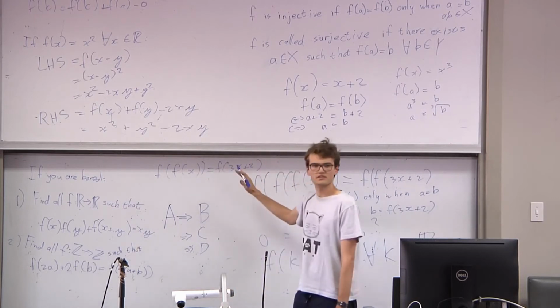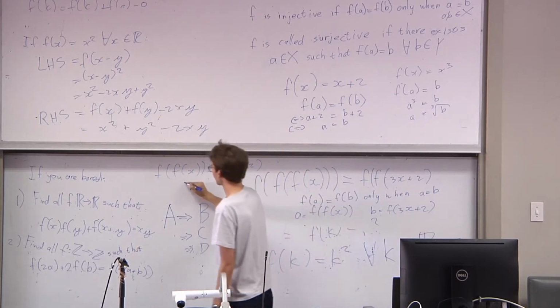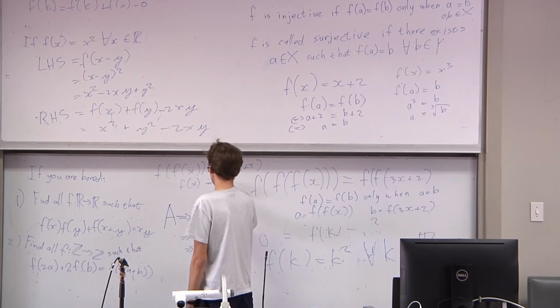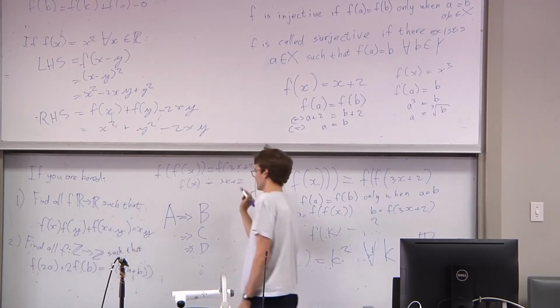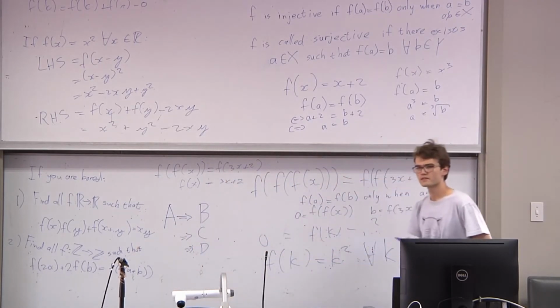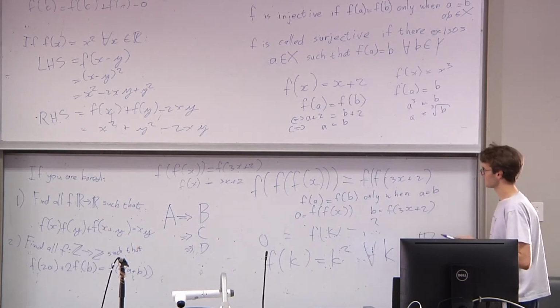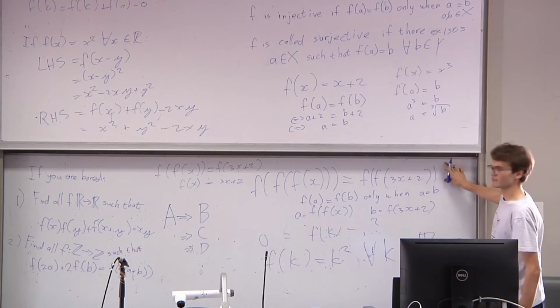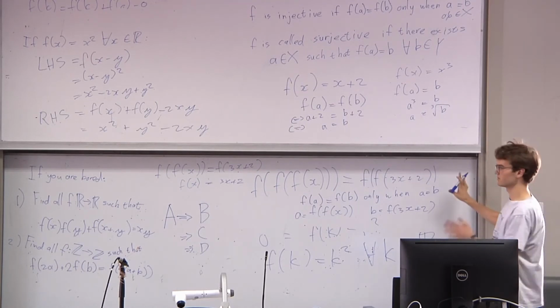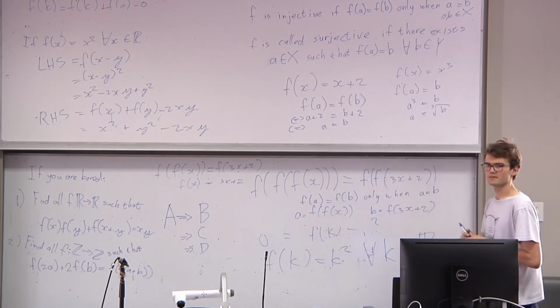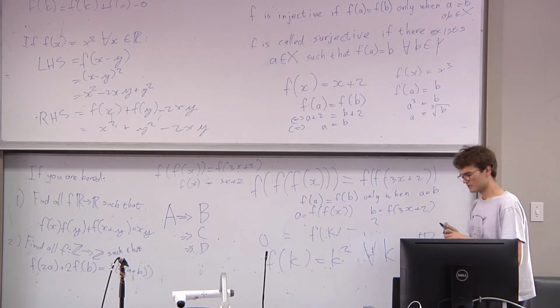And from there, you can do the same step again to get that f of x must be equal to 3x plus 2. So just knowing that a function is injective through some process and having this condition is enough to find all possible functions that it could be. Okay?